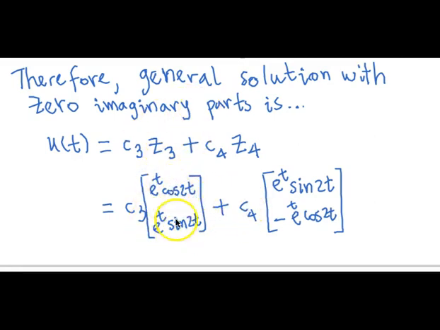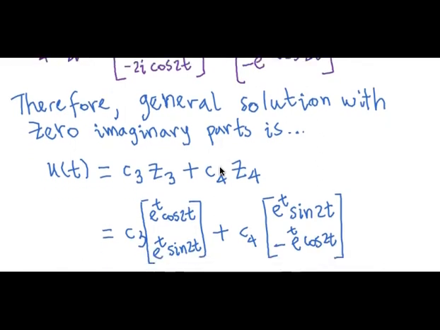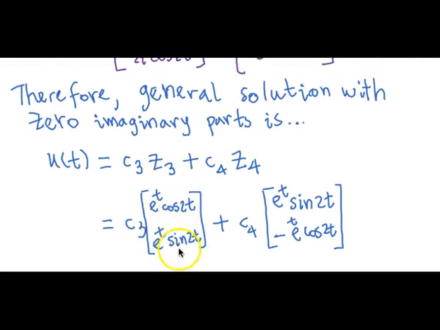Because of our previous calculations, this will take this form, and we have a constant C3 times this vector e^t cosine t, e^t sine t, plus a constant C4 times this vector e^t sine t, negative e^t cosine t.